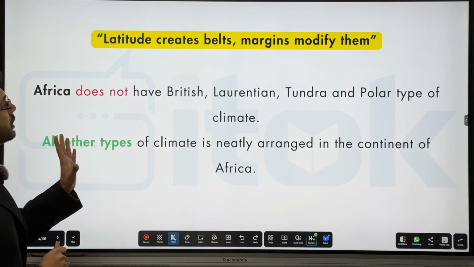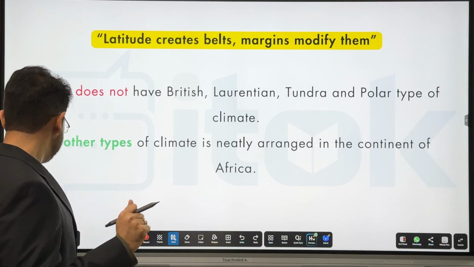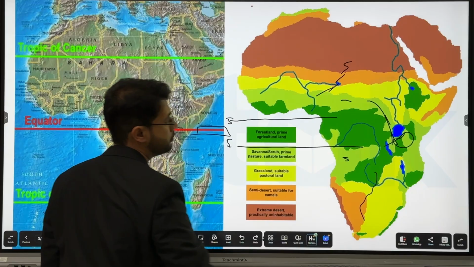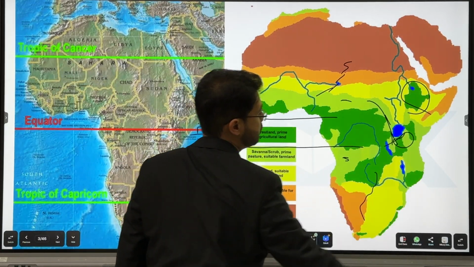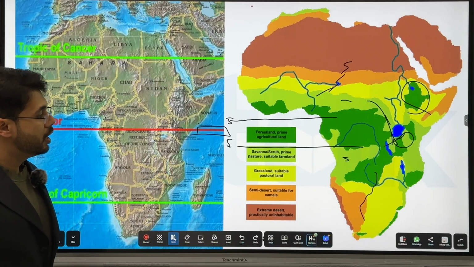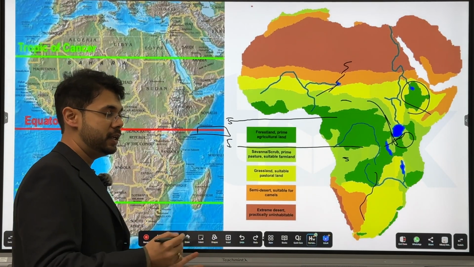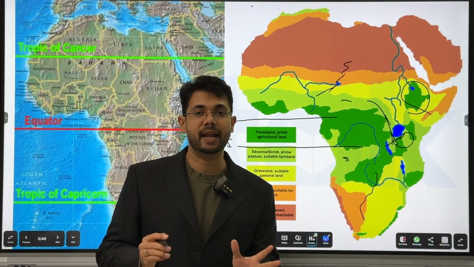So latitude creates belts and margins modify them. You see what you had seen here? The grassland is entering the equatorial region. Then over here we have another equatorial region present. Those are the Ethiopian highlands. Why is that? That's mostly because whatever we have studied in biogeographic regions does not represent real life exactly as it is.